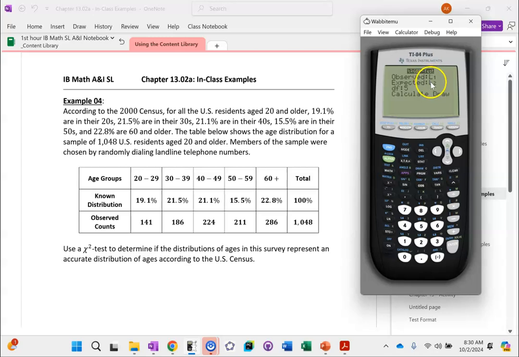So I used L1 and L2 for my expected. I had 1, 2, 3, 4, 5 categories. So I have 4 degrees of freedom.